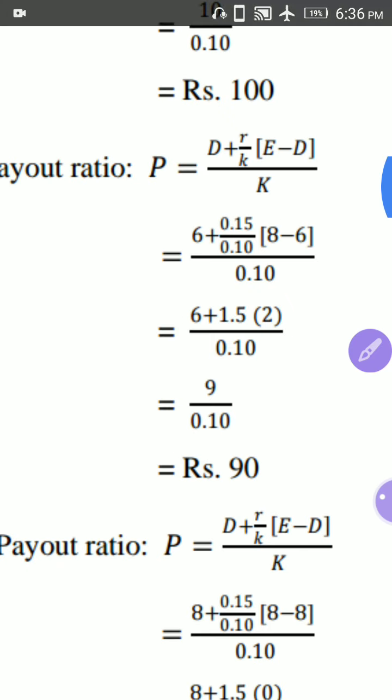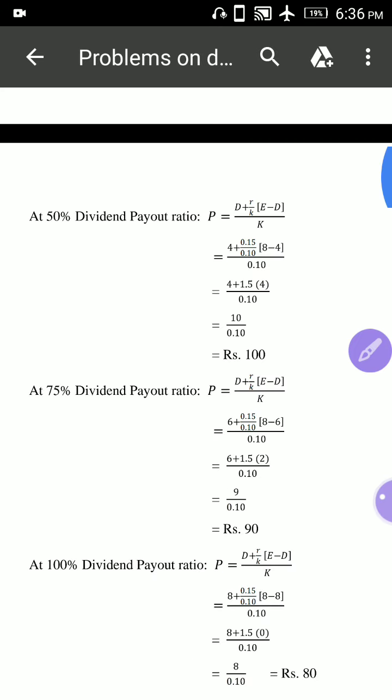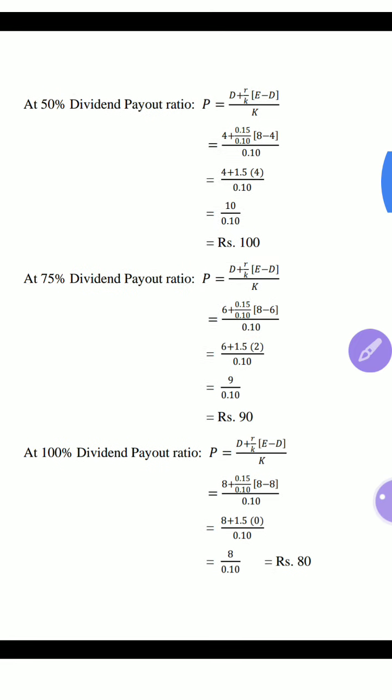Now first we have to make the calculation. 2 into 1.5, that is equals to 3. 3 plus 6, that equals 9, by 0.10, that is equals to 90 rupees. So market price of the share is 90 rupees at 75% dividend payout ratio.